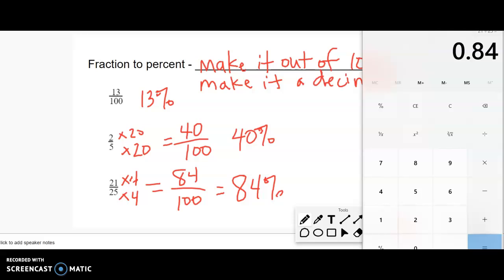But just different ways to write parts of the whole, right? I have a part. Do I want to write that part as a fraction, as a decimal, or as a percent? Okay, all just different ways to do that. So let me know if you need help. Good luck.